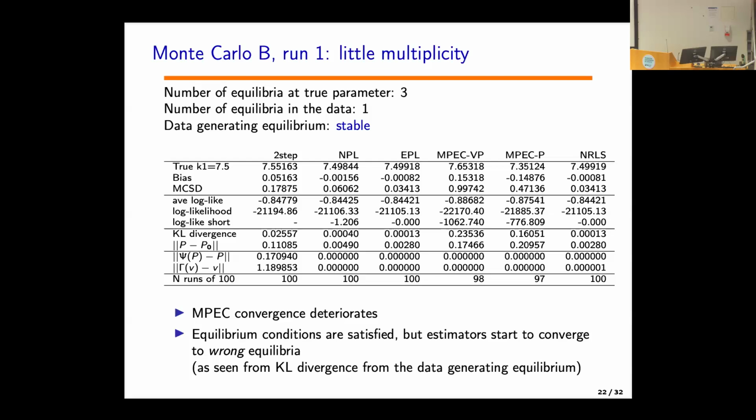Oh, we solve the model, we generate the data from a particular equilibrium. The one that reduces the distribution over the path that we measured the KL divergence. We know what equilibrium was played in the data.